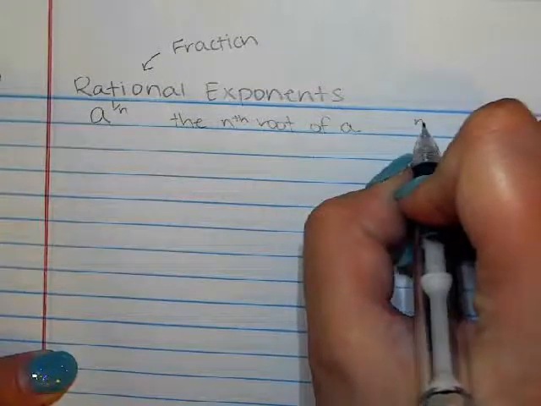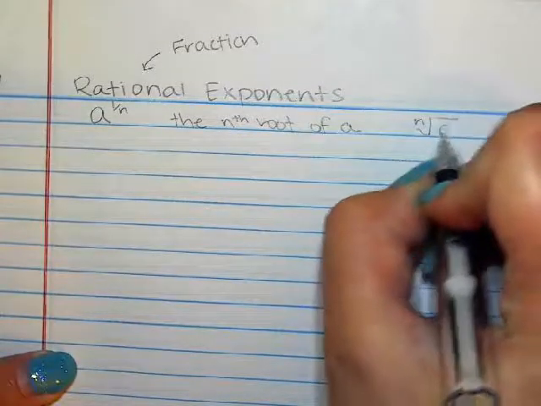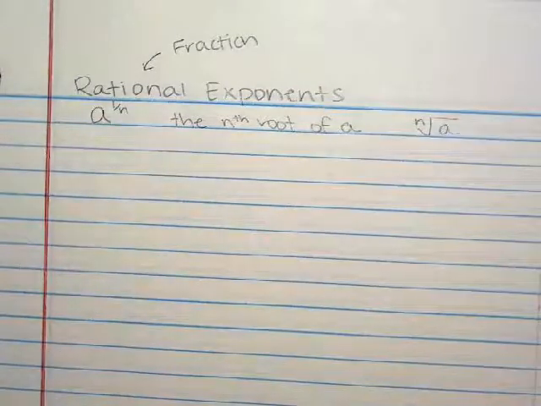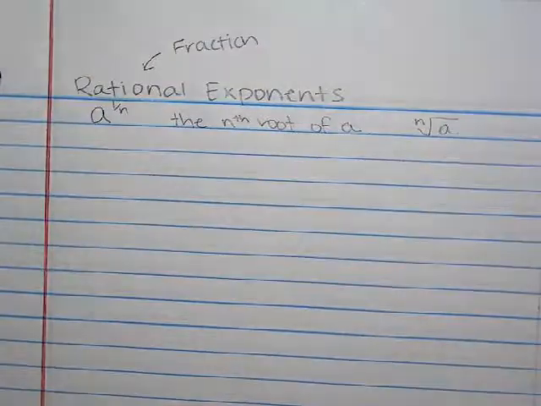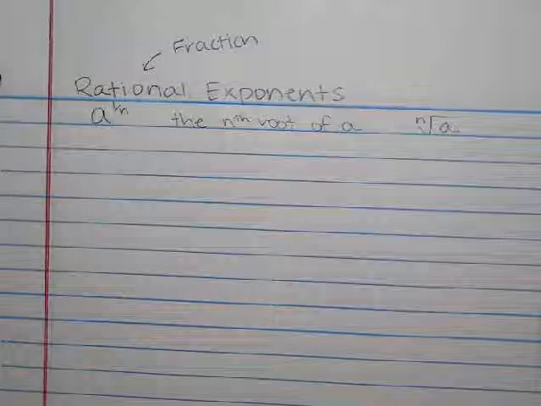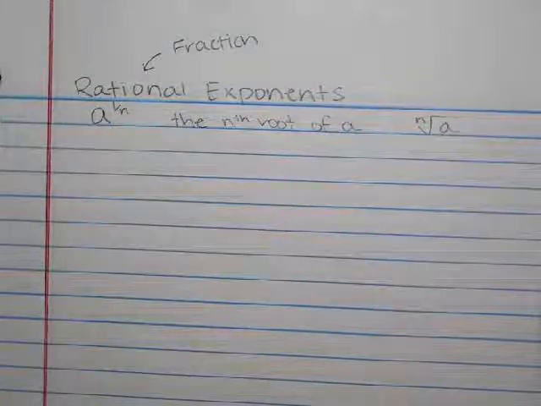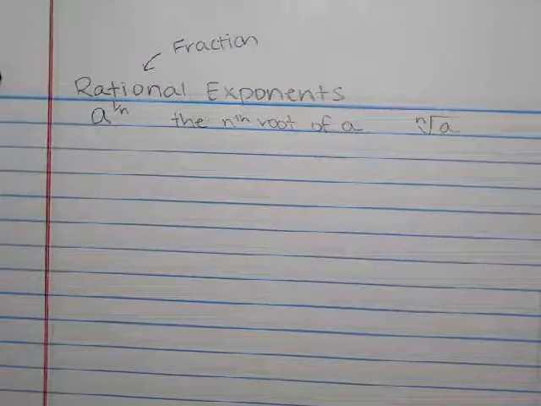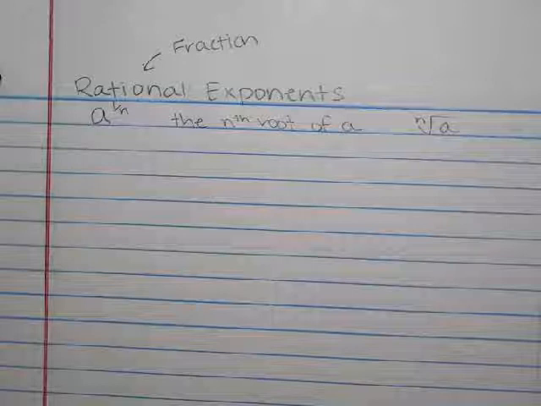So we would say that is the nth root of a. So like a to the 1/2 is the square root of a, a to the 1/3 is the third root of a, a to the 1/4 is the fourth root of a, a to the 1/5 is the fifth root of a. So those are all pretty easy, right?